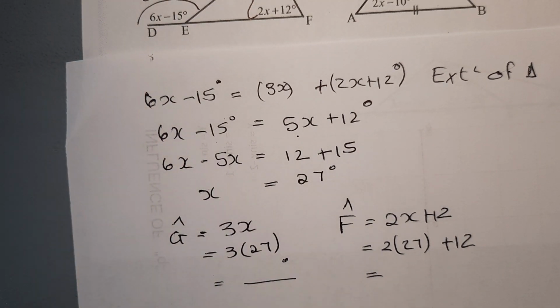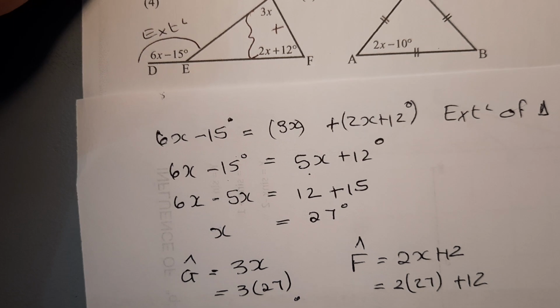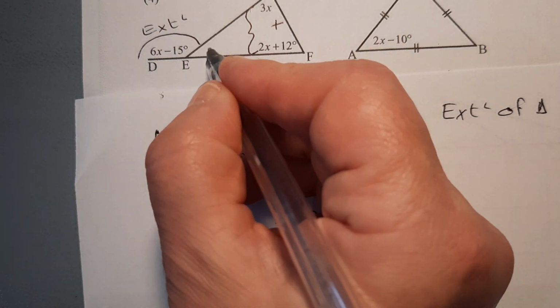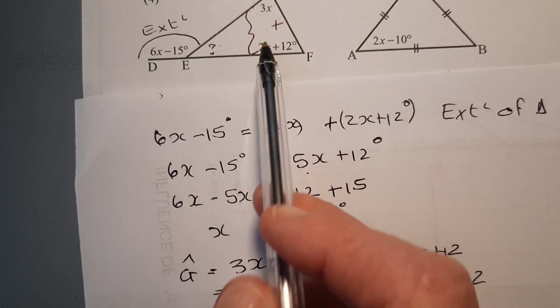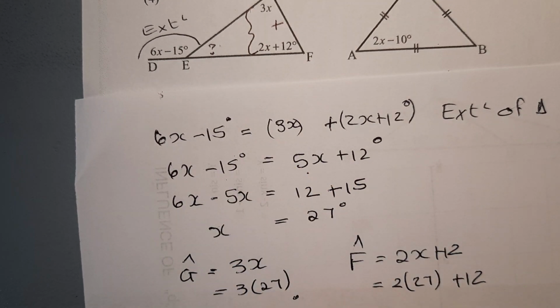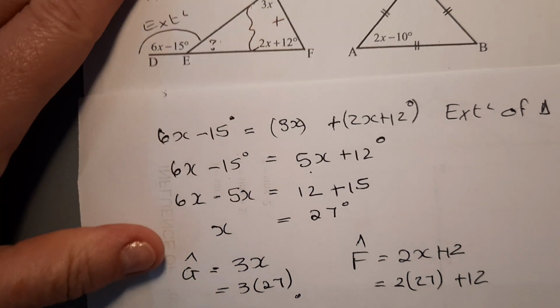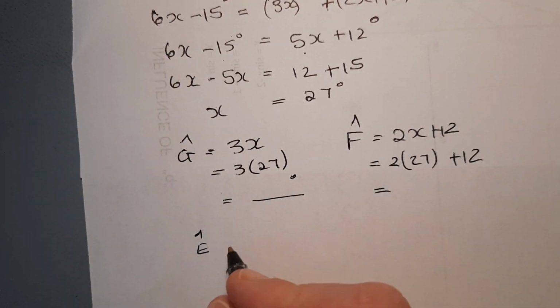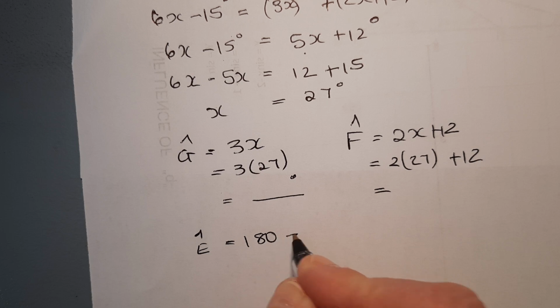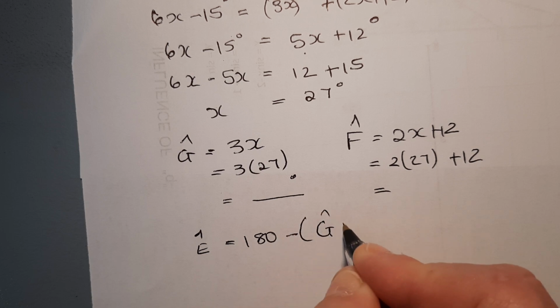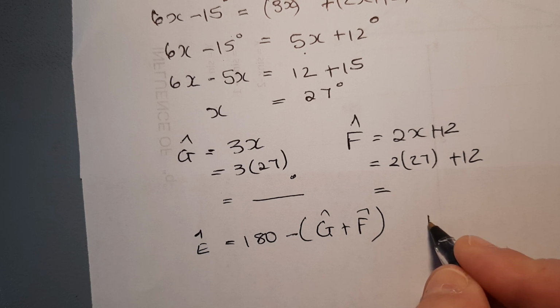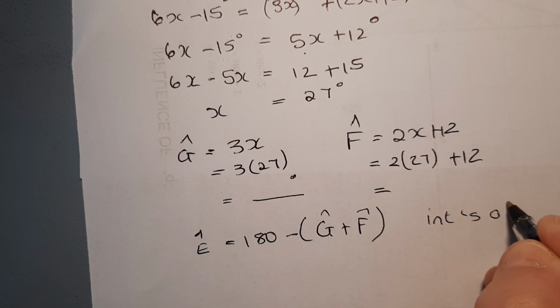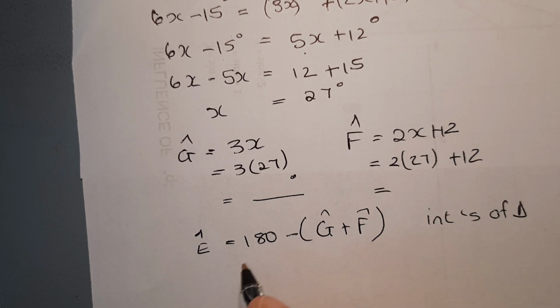So if you must find the interior angles, you also need the size of E. So what do I know? The interior angles of a triangle add up to 180. So angle E is going to be 180 minus angle G and angle F. Reason: interior angles of a triangle add up to 180.